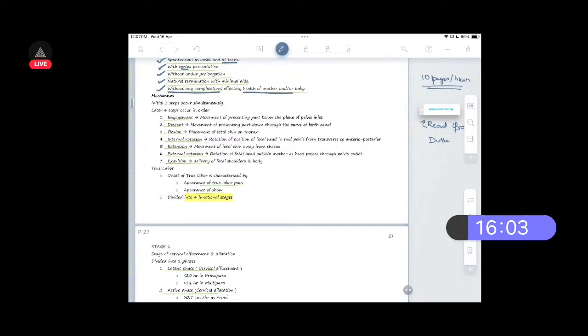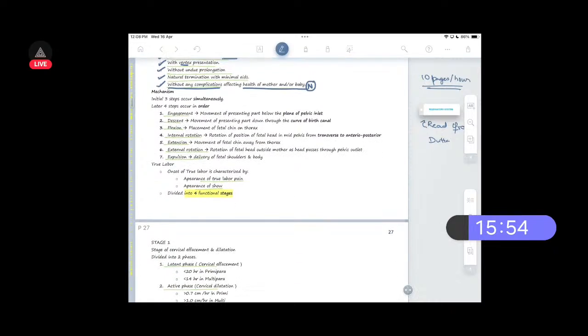Health of the mother and baby normal. So that is normal labor. Mechanism: 3 steps occur simultaneously. Later 4 steps occur in order.